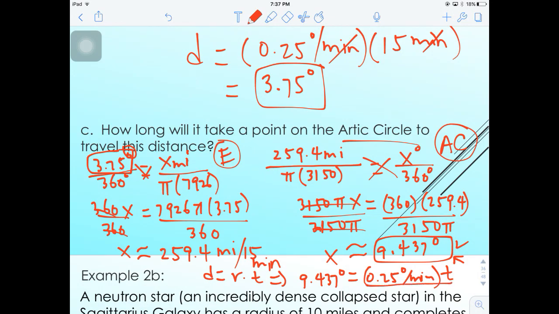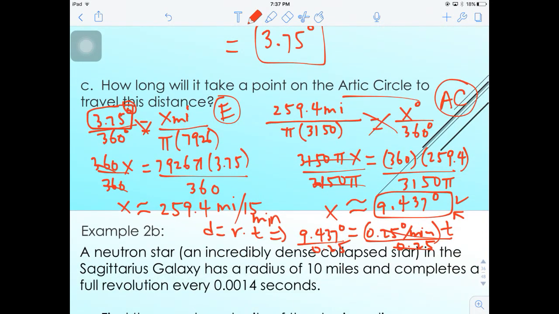We're going to divide both sides by 0.25. And that will give us the time, approximately 37.75 minutes.